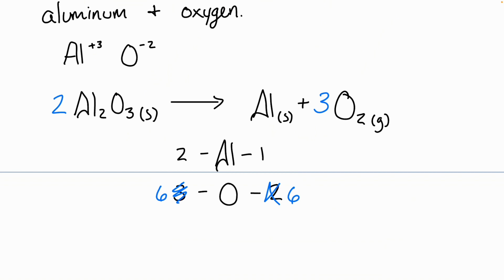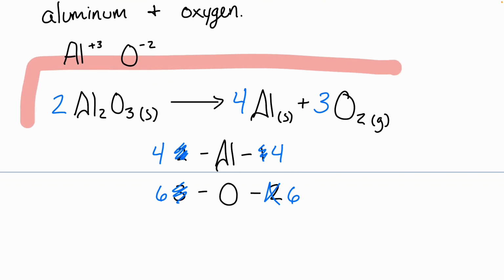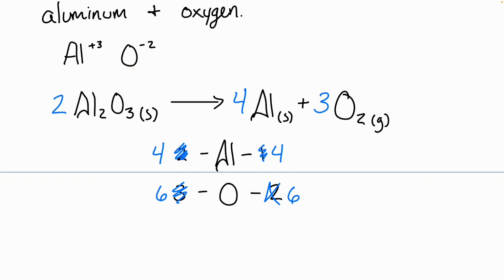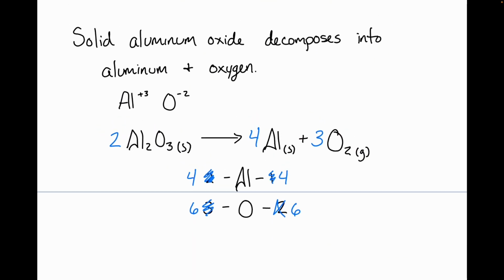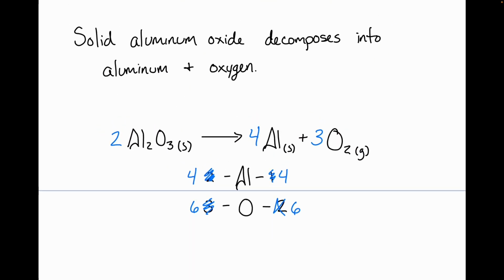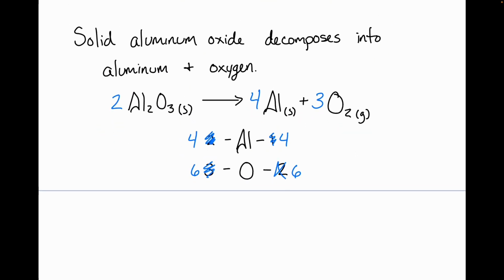When I put that 2 out front of my aluminum oxide, I change the number of aluminums I have. Now I have a total of 4 on my reactant side, so I can balance that out with a 4 on my product side. All right, so balancing that chemical equation, now we have this complete chemical equation here. Okay, so we took this description of our chemical reaction and turned it into one of these balanced chemical equations.